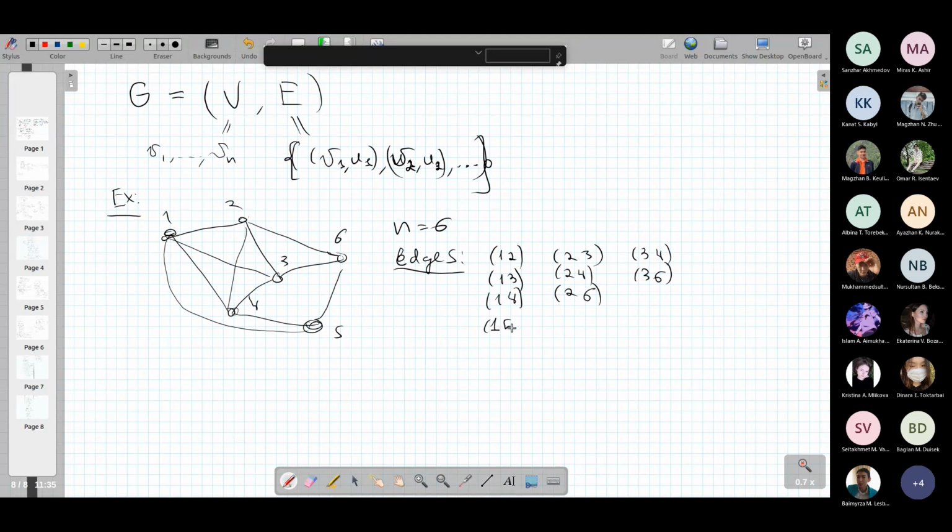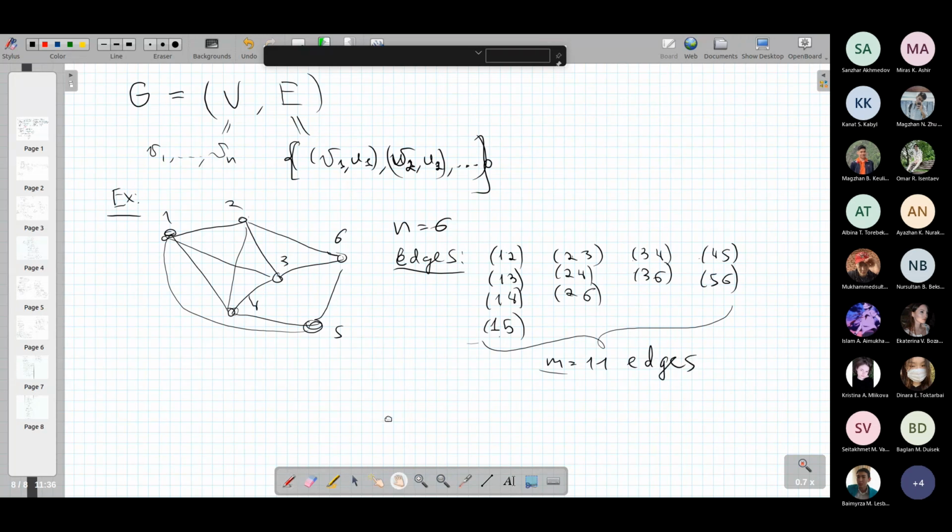Oh, and 1-5 also. Yeah, 3-4, 5-6, and 4-5. And 5-6. Okay, so we have 11 edges. M equals 11 edges. M usually stands for the number of edges, and n stands for the number of vertices.